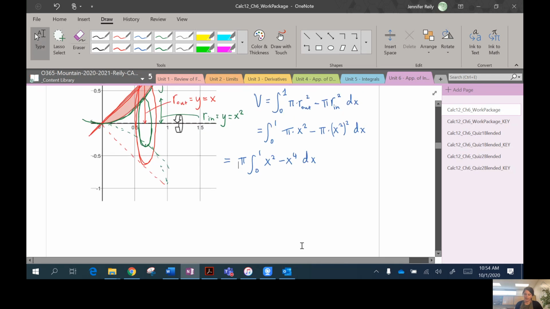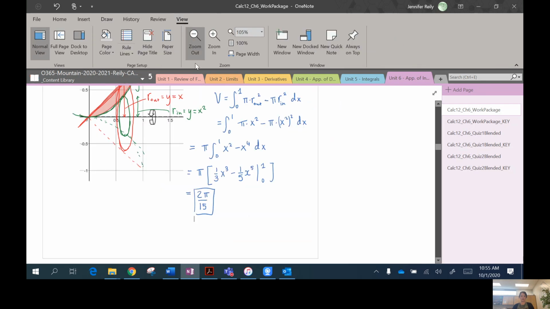Okay, so I'm going to evaluate this integral now. That would be 1/3 x cubed minus 1/5 x to the power 5, evaluated at 1 and 0. You can plug that in yourself, and you should get 2 pi over 15 as your exact answer.